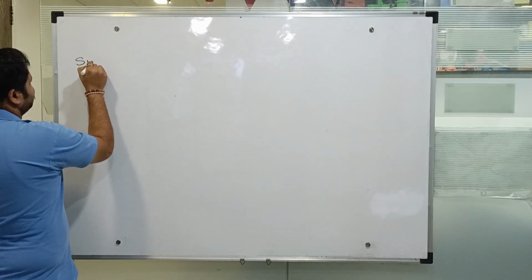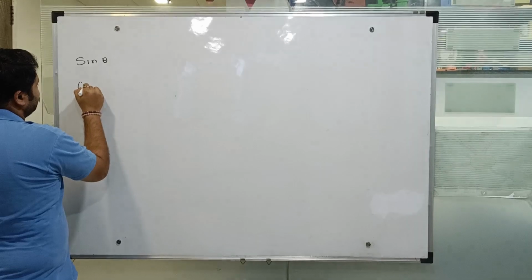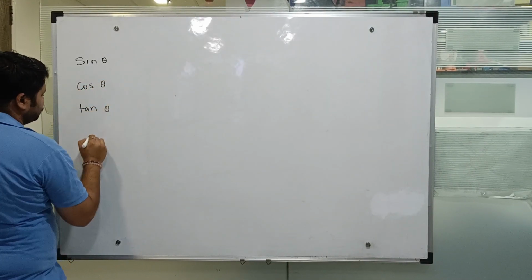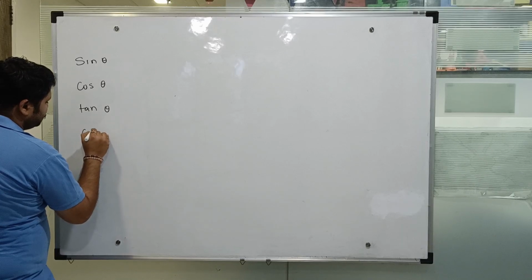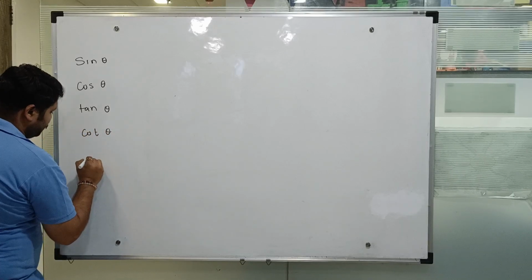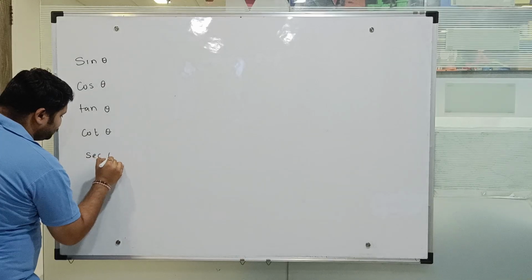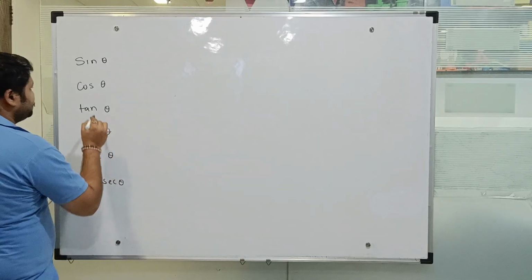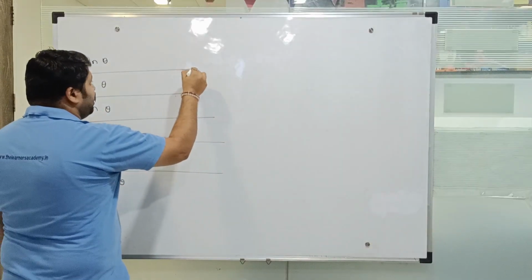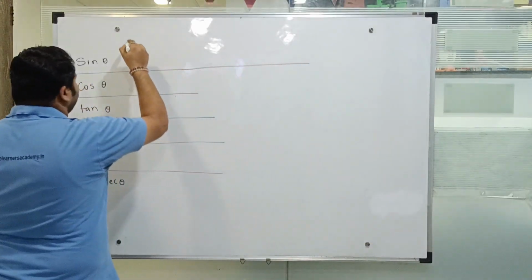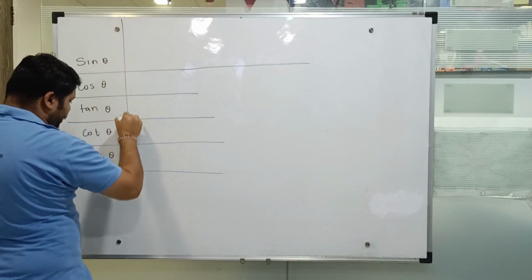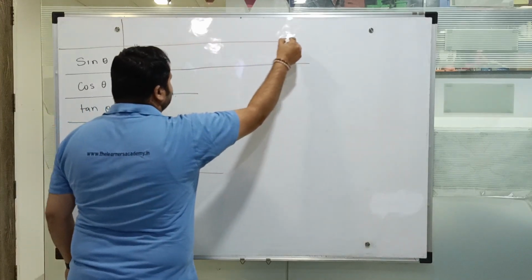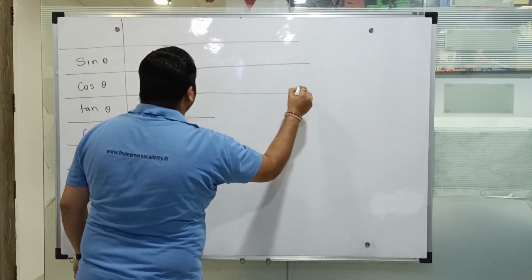First I have sine theta, then cos theta, then tan theta, then cot theta, then sec theta, then cosec theta. Now I am going to find ratios of 5 different angles.